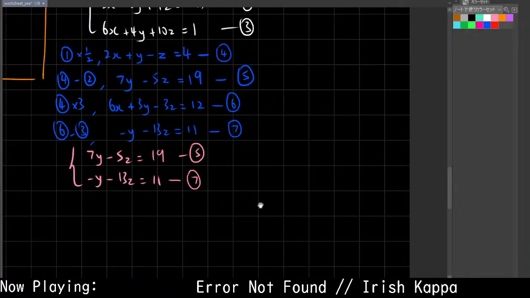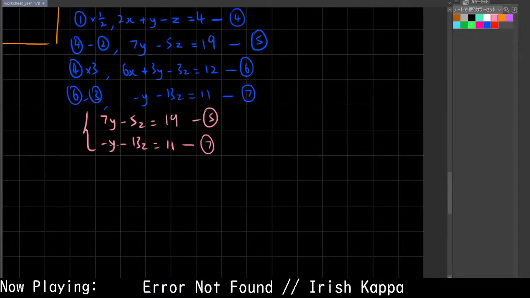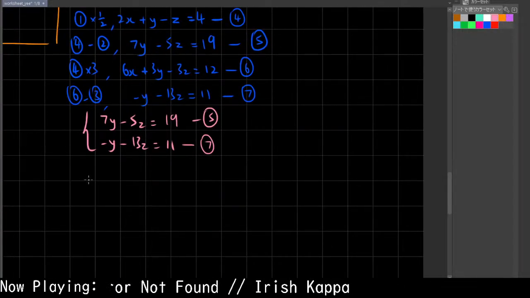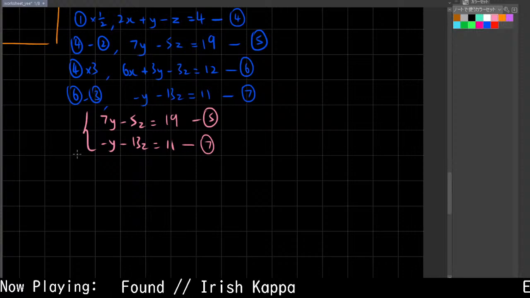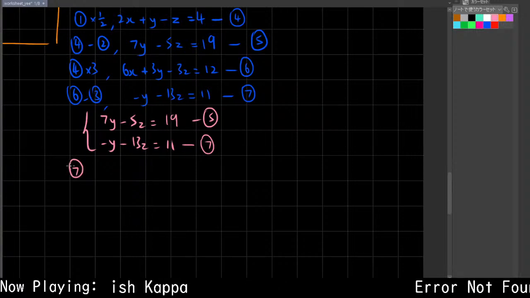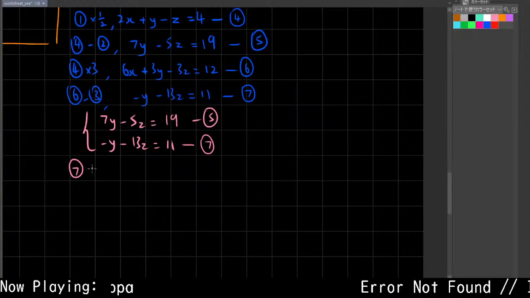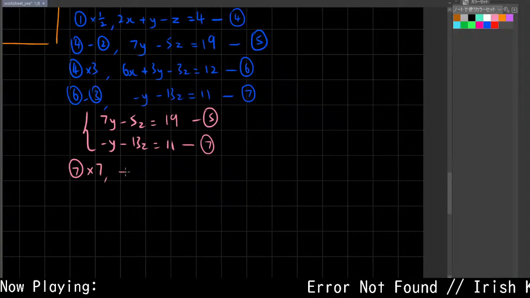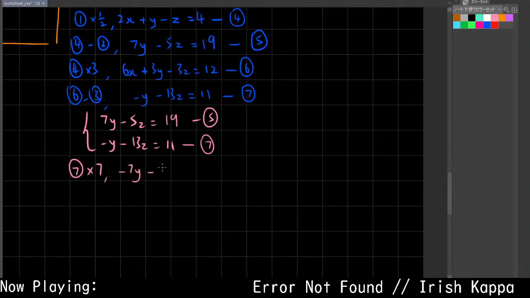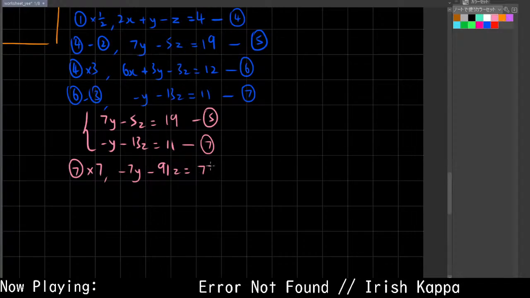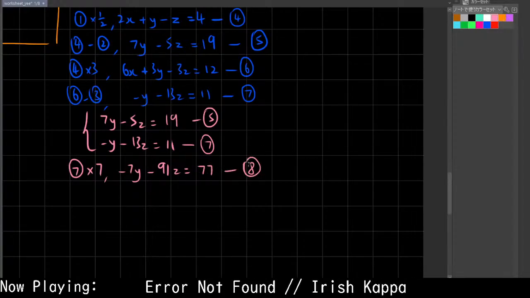Then I see that my y can be eliminated, so I eliminate my y. I mean you can use substitute here as well. It's not really easy, but I take my 7 to multiply by 7, so I get negative 7y minus 91z is equals to 77. Equation 8.